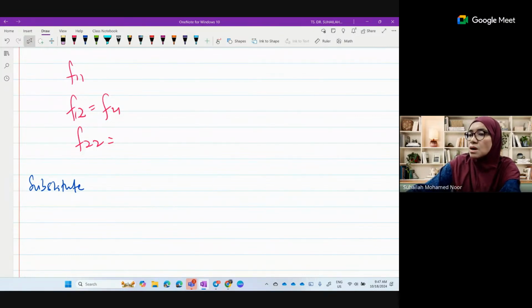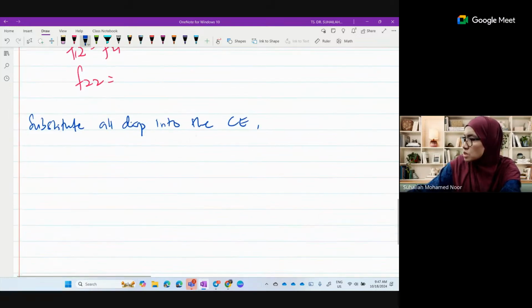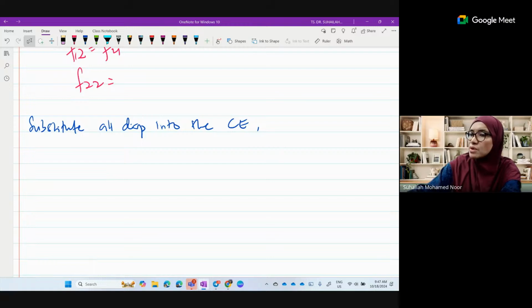Substitute all the above displacement from the three systems into the compatibility equation. So your compatibility equation will be 1 over EI.